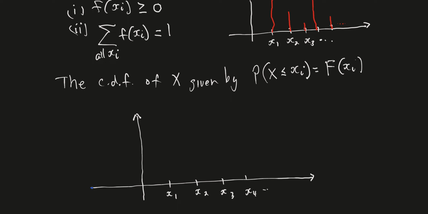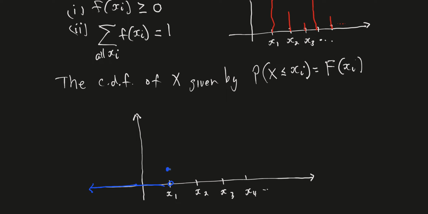So remember, they start out like this. So there's 0 here, and then once you get to that first possible value of x, it has a jump, and it jumps up to a certain value, a certain probability. And that jump right there is the probability associated with this specific x value.